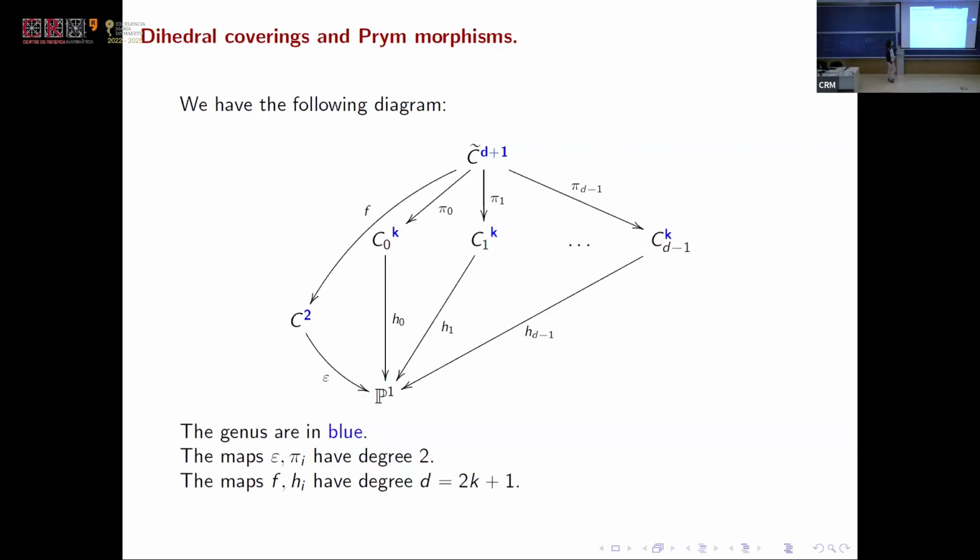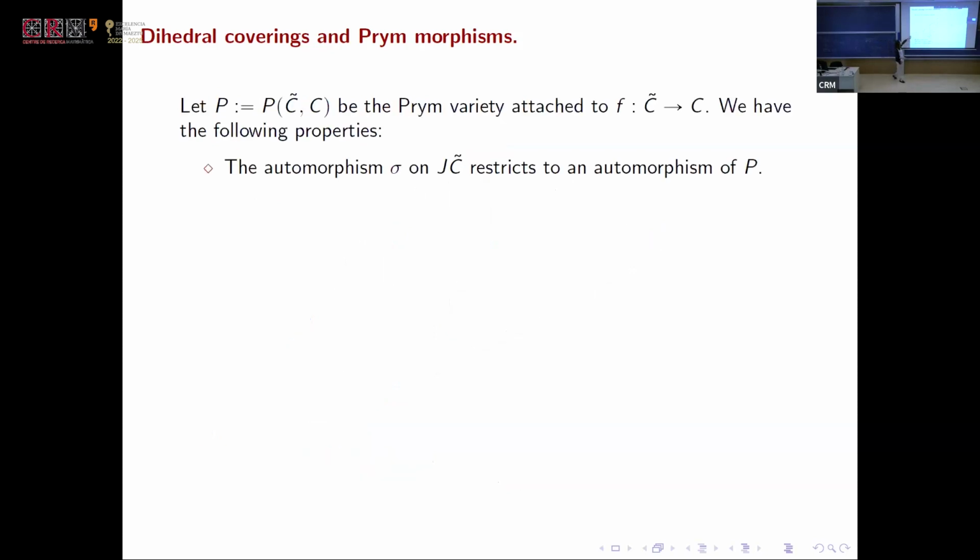The point is that having this nice picture, our goal is to study the Prym attached to this covering. So having all these curves, we can use them to study the Prym attached to the covering. First, the Prym is inside the Jacobian of C tilde. In C tilde, we have the automorphism sigma acting, and it is possible to show that this automorphism actually restricts to an automorphism of the Prym.